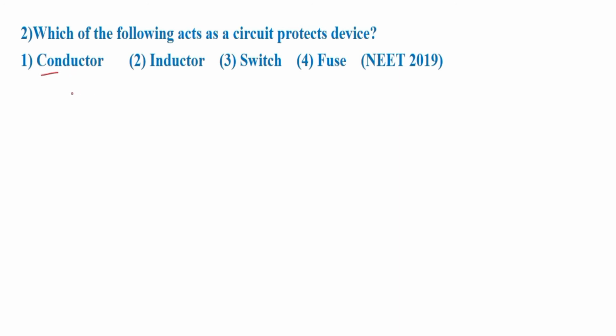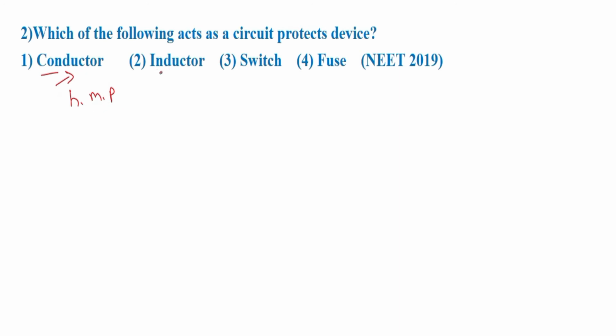These conductors have a high melting point, so though excess current flows, the conductor will not melt. That means there won't be any break in the circuit, and the circuit will get damaged if excess current flows through the conductor.